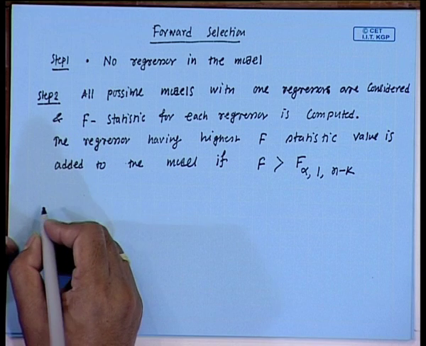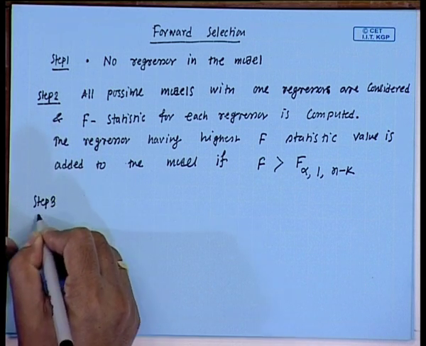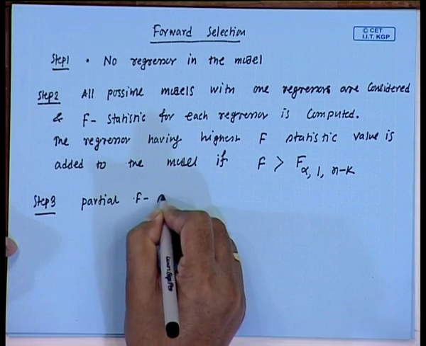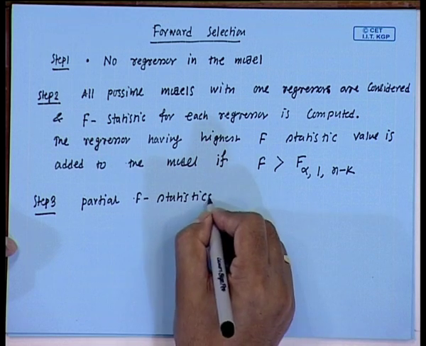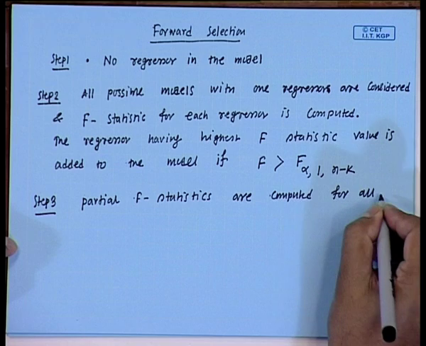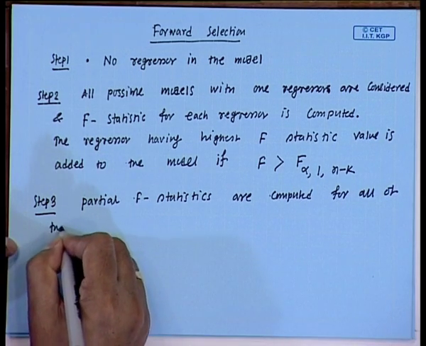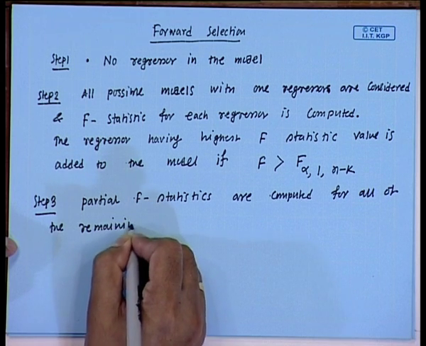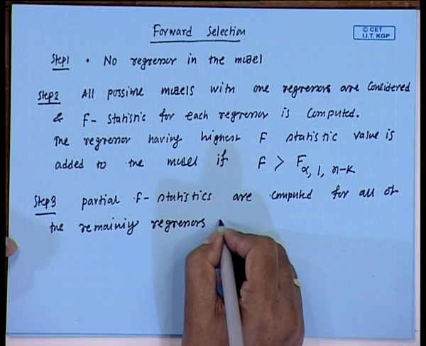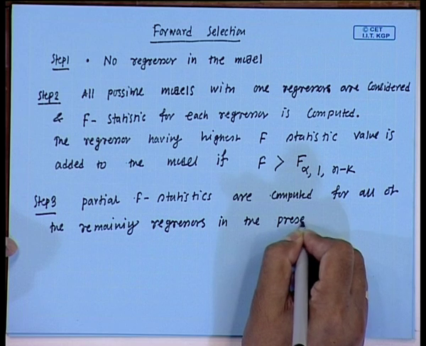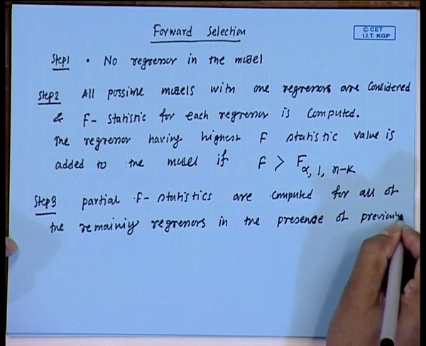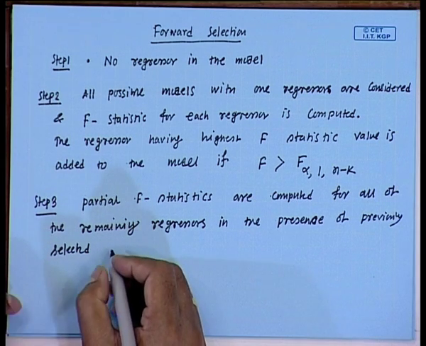Let me just write down the algorithm first, and then step 3, partial F statistics are computed for all of the remaining regressors in the presence of previously selected regressors.